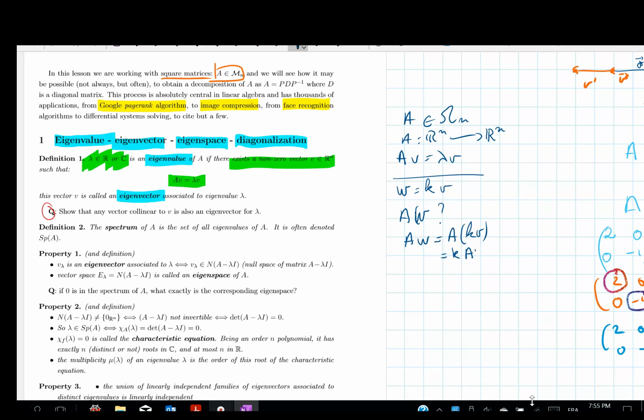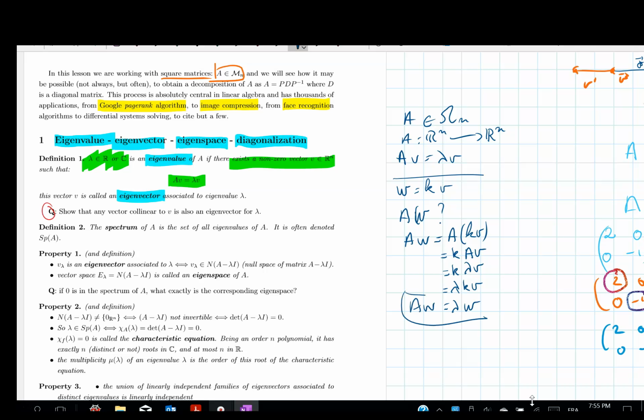But A times V is really lambda times V because V is an eigenvector associated to eigenvalue lambda, so K lambda V. And the lambda I can put before, that's commutativity of real multiplication, so lambda times K times V, and this is really lambda times W, okay?